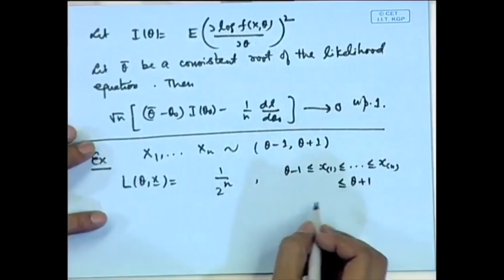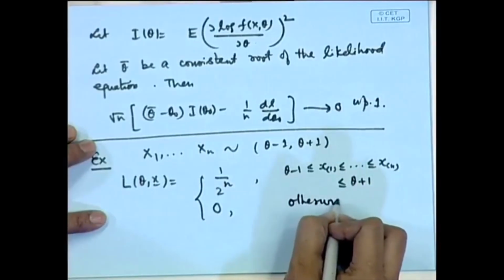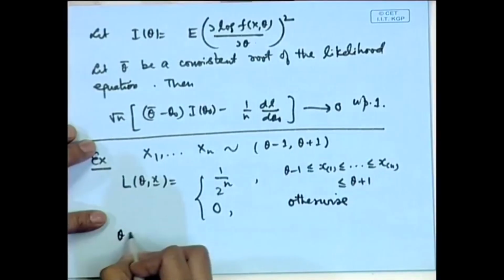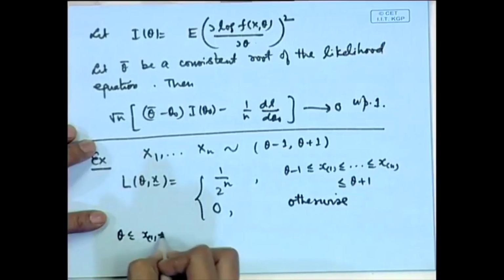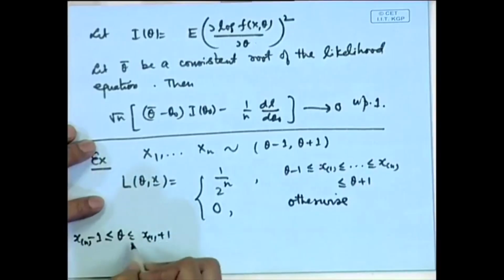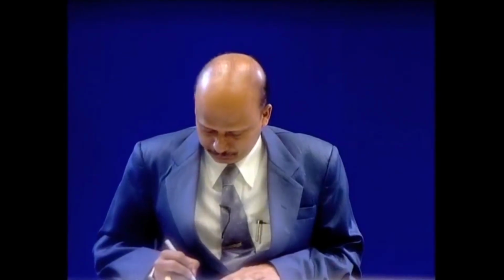So, you can see here that theta is less than or equal to x 1 plus 1 and it is also greater than or equal to x n minus 1. So, any value of theta between these two limits will be a maximum likelihood estimator.